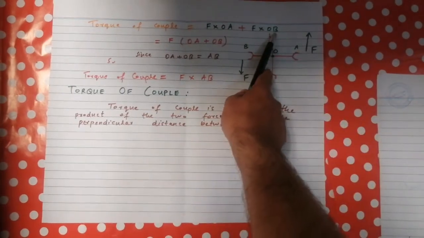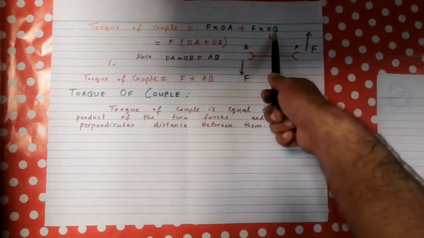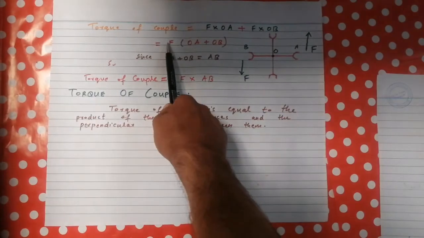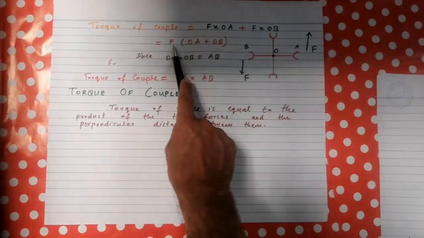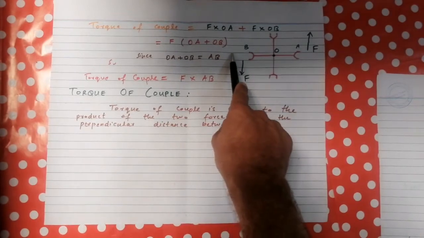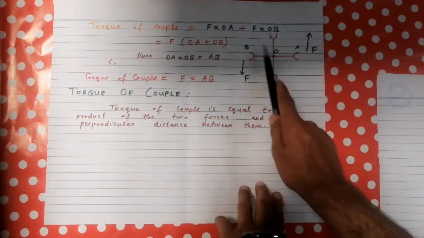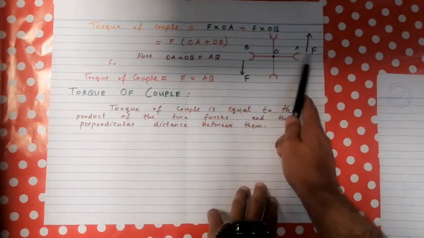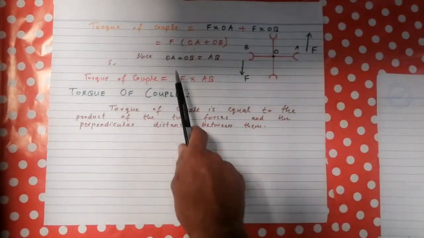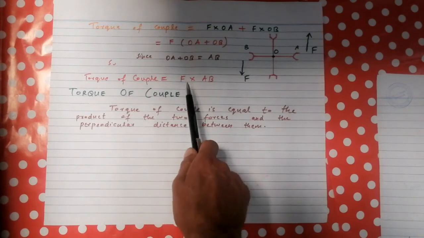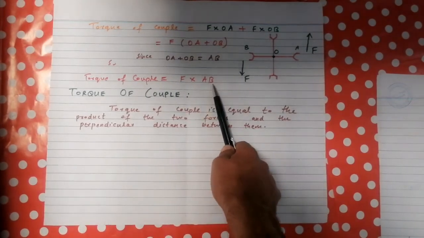F is common, so it is F into OA plus OB. Here OA plus OB equals AB, the perpendicular distance between the two forces. So the torque of the couple is F multiplied by AB.